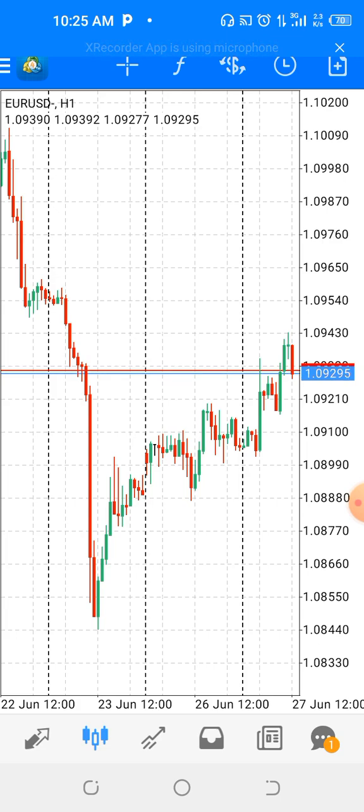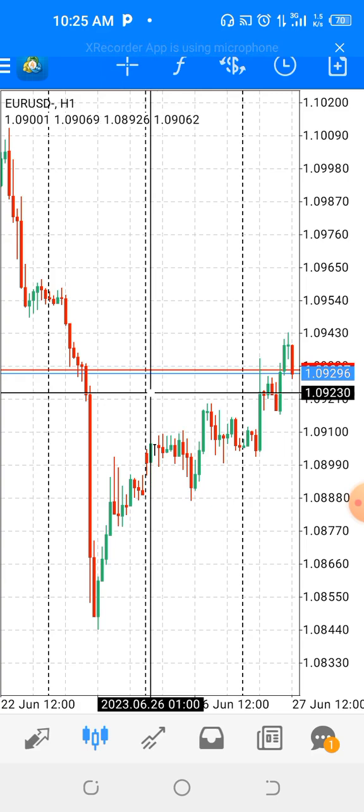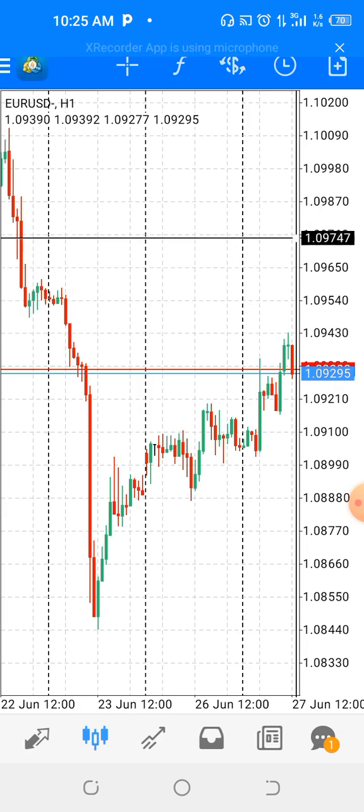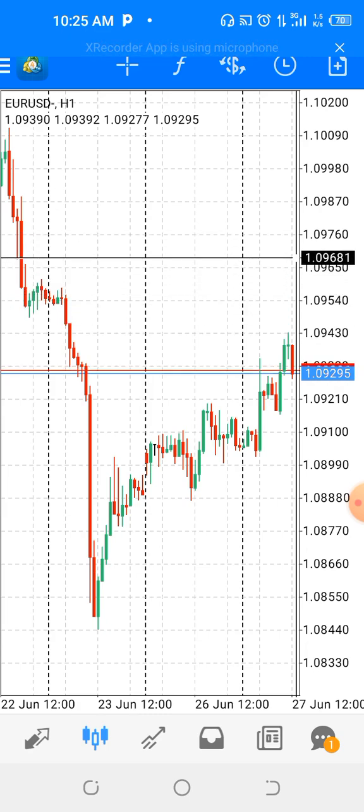And this pip we're talking about is nothing more than the fourth digit, or the fourth decimal number after the decimal point. Like you can see the market price on the right hand side of this chart. You can see the figure 1.09681.